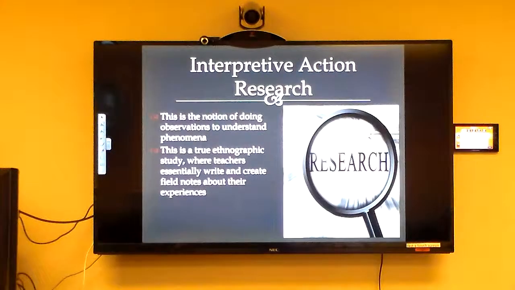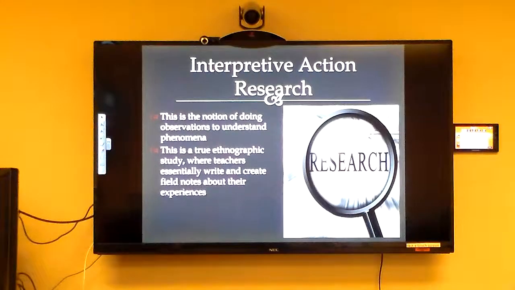So the ethnographic study and interpretive action research. We have faculty members at this institution who are very big on this. It's not an area of my expertise, but it's the idea of where teachers sit and create field notes about their own experiences and write reflections. When they do this, this can help inform what's actually going on in the classroom, and hopefully in other classrooms as well.